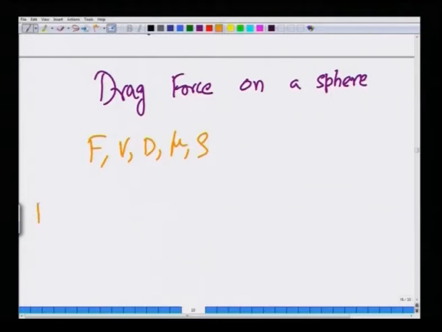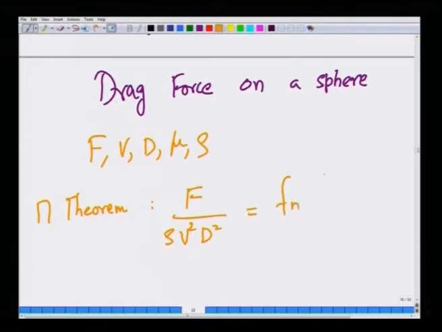Upon using the Pi-Theorem, the Pi-Theorem told us that this can be written as f by rho v squared d squared is equal to a function only of rho v d by mu. Okay.